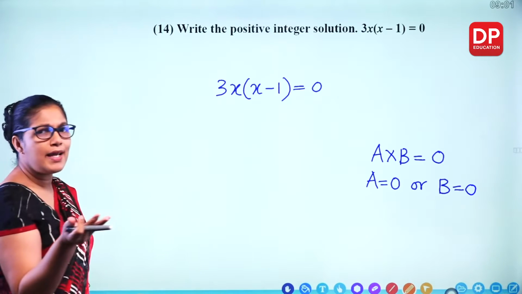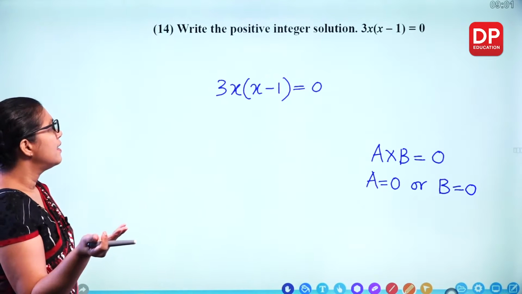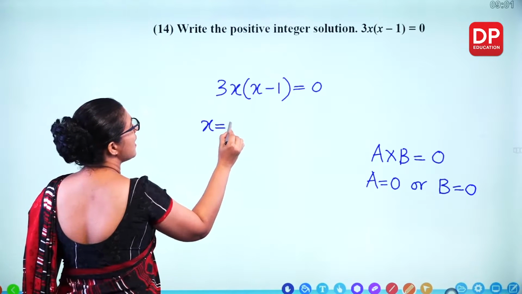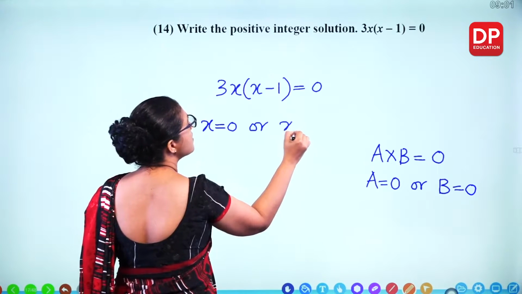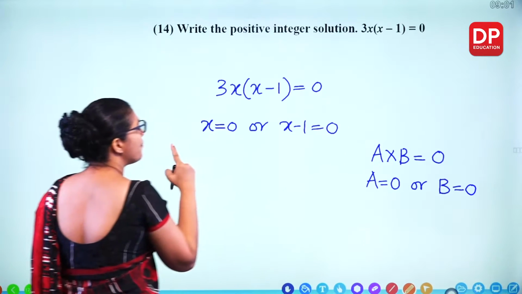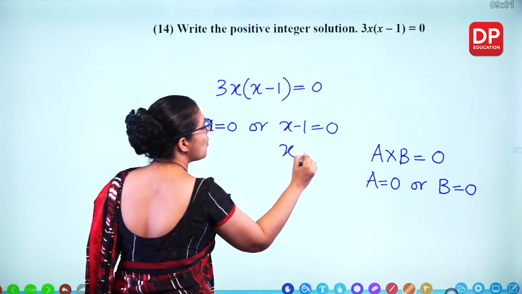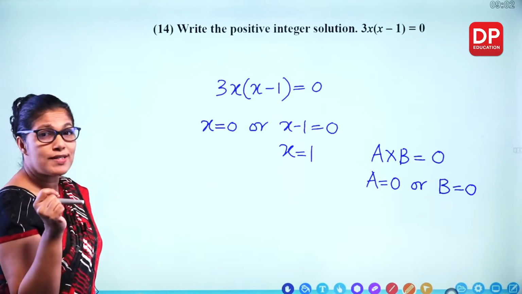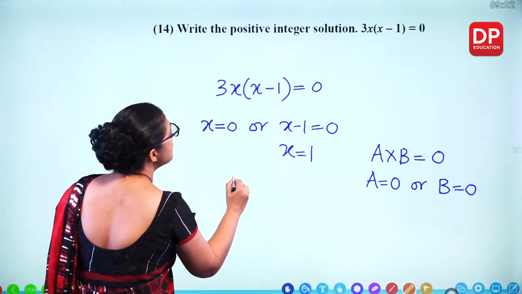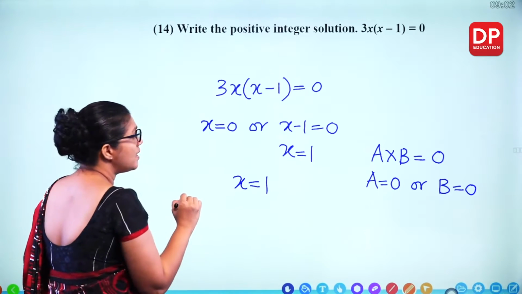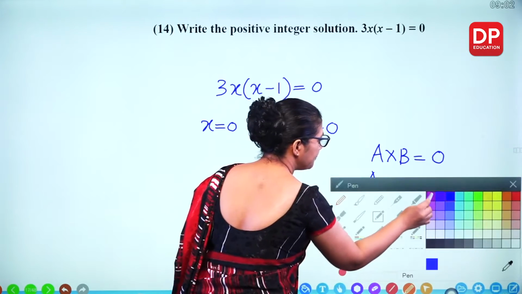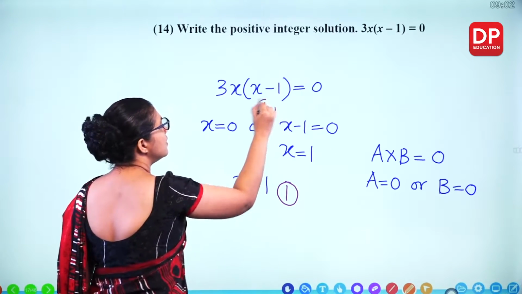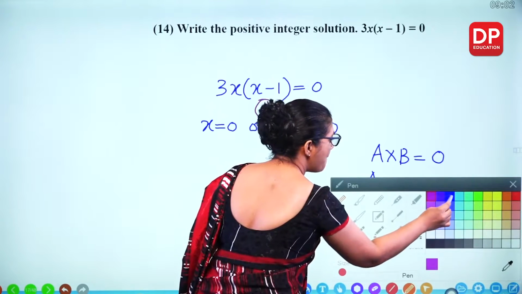You can divide by 3 both sides because that's a constant. x can be 0 or x minus 1 can be 0. So x becomes 1 here. It says positive integer. 0 is not a positive integer. So the answer is x equals 1. 1 mark here, 1 mark for the method.